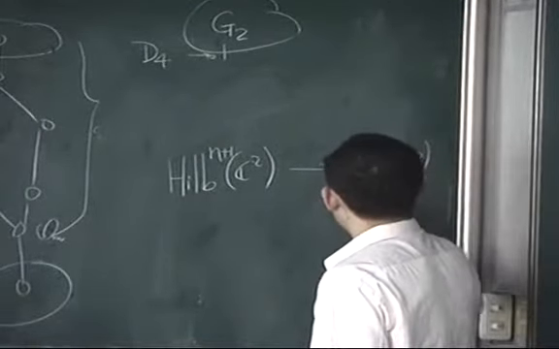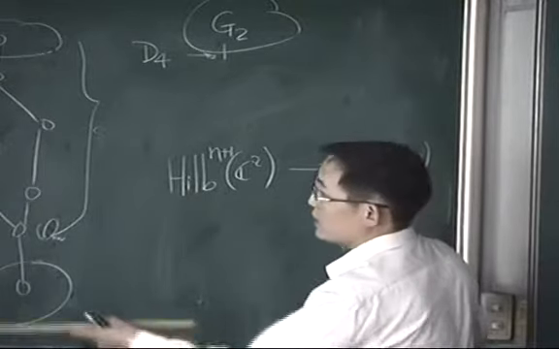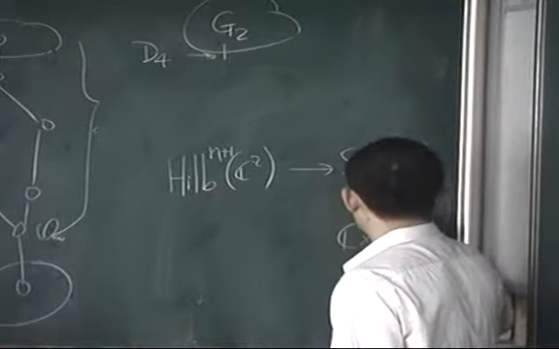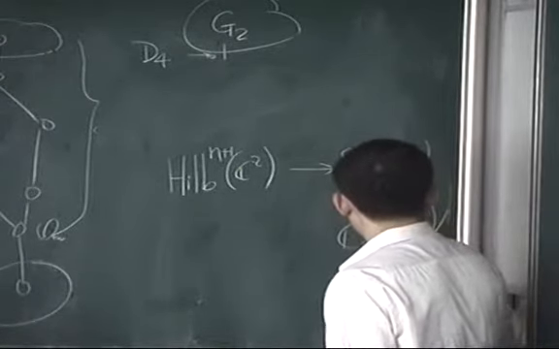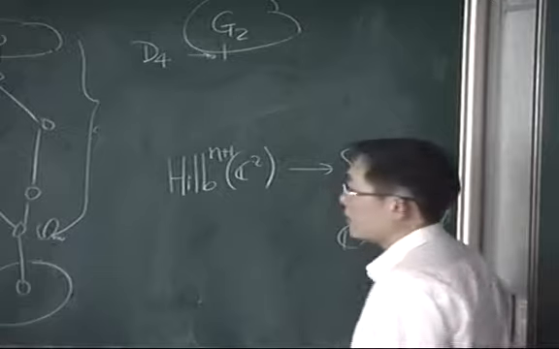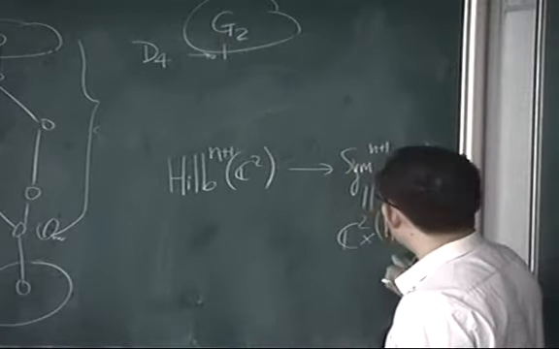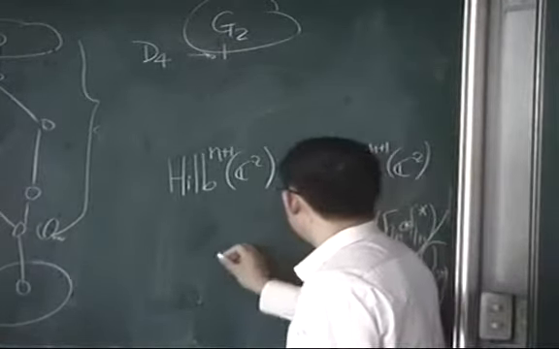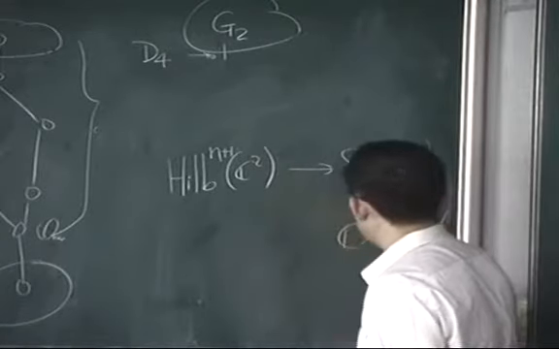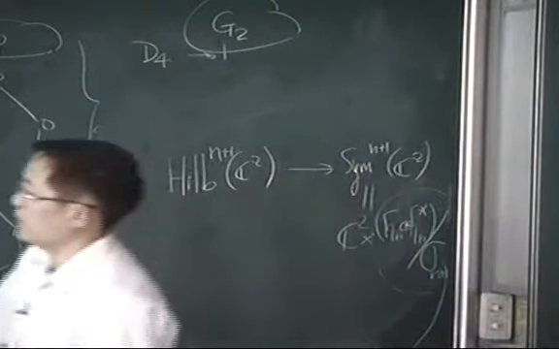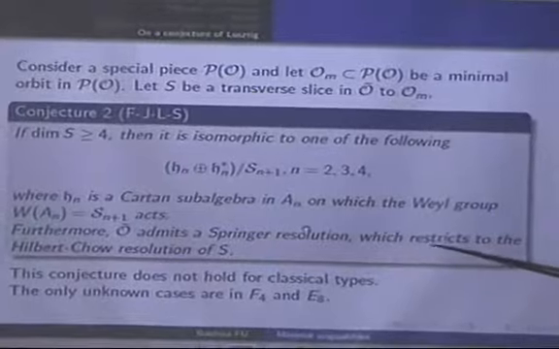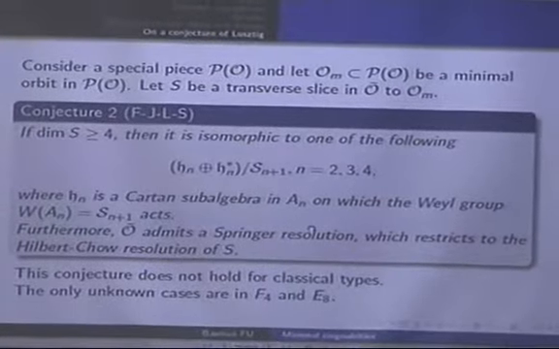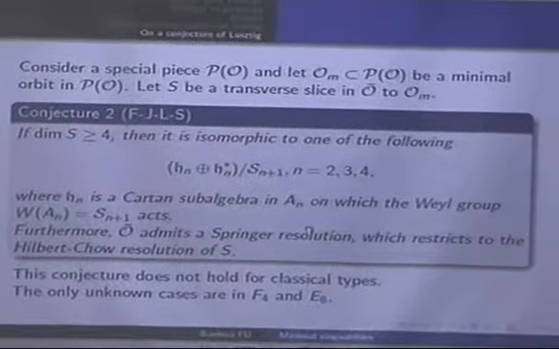And now this is just C^2 times something times this singularity, H_n plus H_n dual quotient by S_{n+1}. So from this you get a symplectic resolution. And what we predict is that O bar always admits a symplectic resolution, a Springer resolution. When you restrict to this transverse slice, then you get the usual Hilbert resolution.